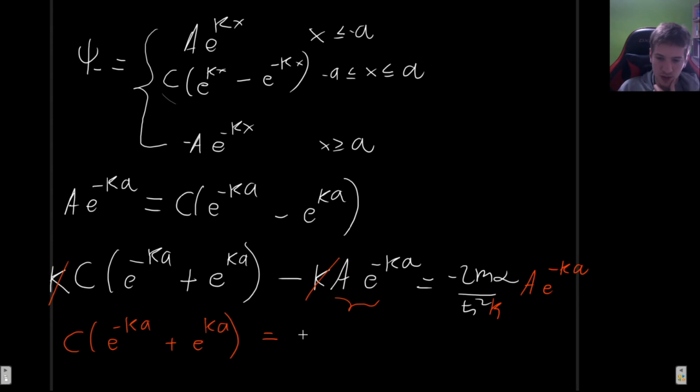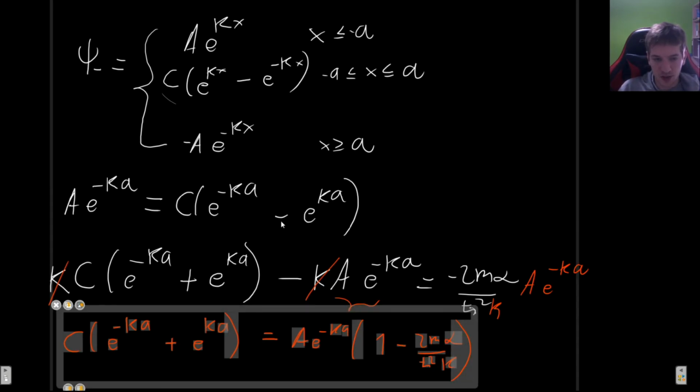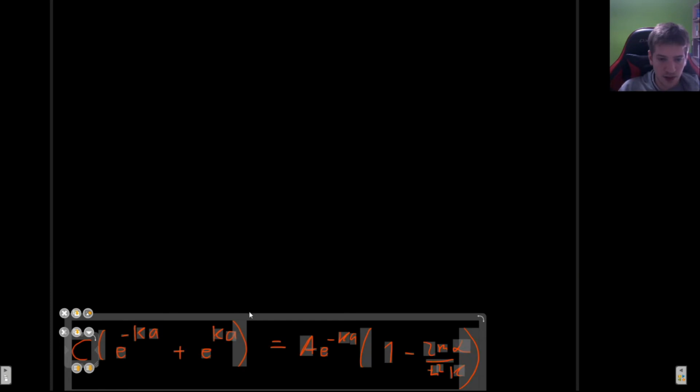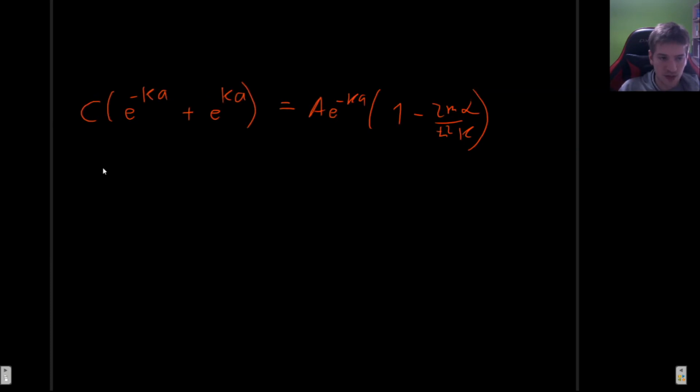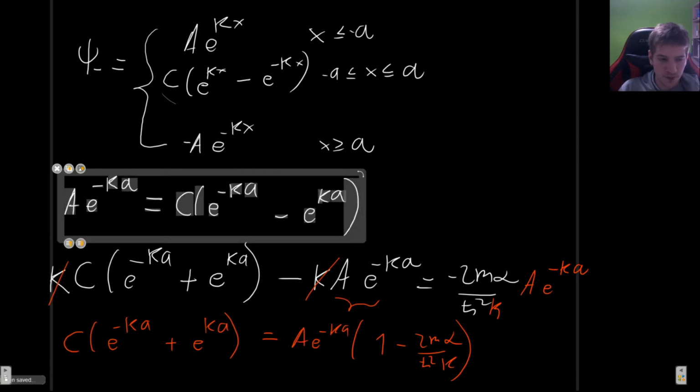This is going to be equal to, now we factor out a e to the minus ka, and we have 1 minus 2m alpha over h bar squared k, and this is our second equation. So the first one is this right here. Just as we did before, I'm going to put them together in the next slide so it's easier to solve. So this is our equation number 1.